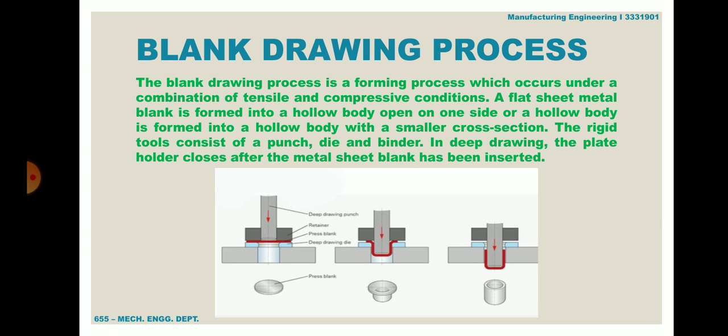A flat sheet metal blank is formed into a hollow body, shown in red color, with a smaller cross section. The rigid tools consist of a punch, die and a binder. The plate holder closes after the metal sheet blank has been inserted. With this process we make utensils like cup, bowl, cylinder, etc.